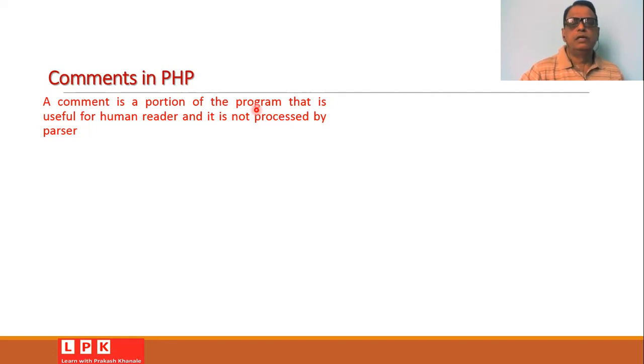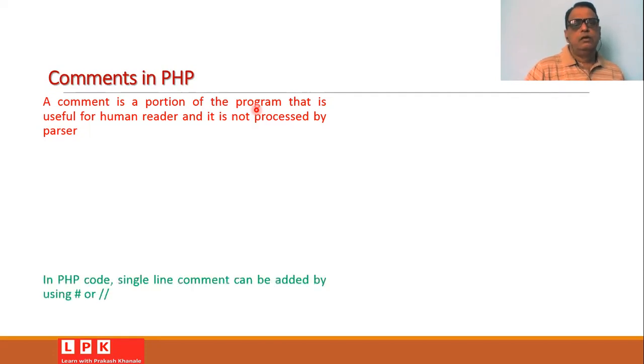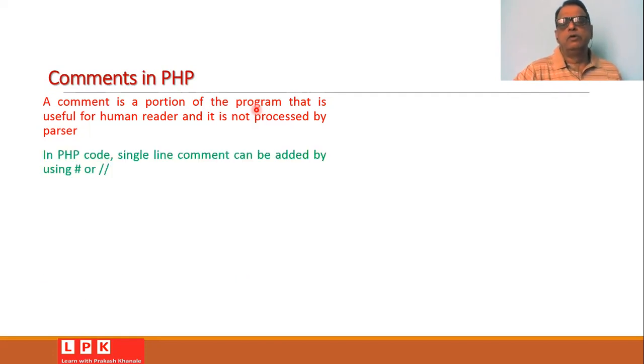As far as the compiler is concerned, it will normally remove the comments, and therefore the parser or syntax analyzer will not process them. But they are useful in order to understand the purpose of the code.